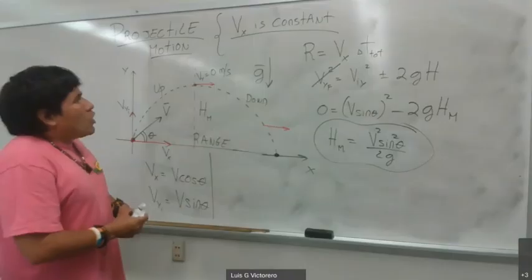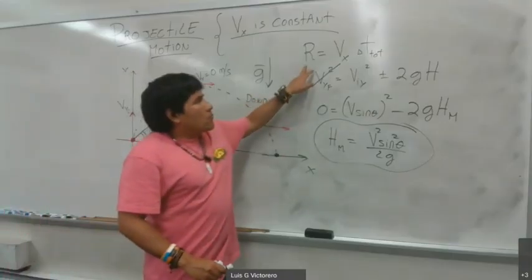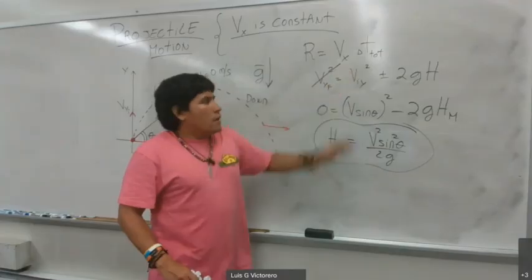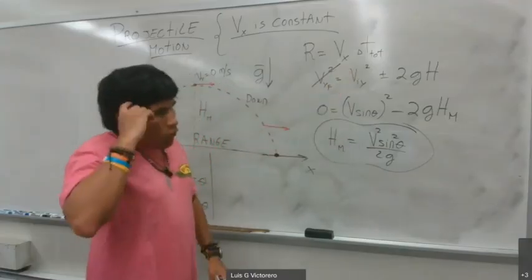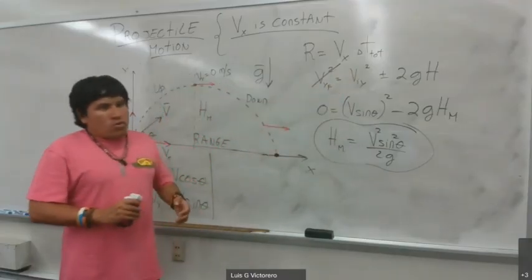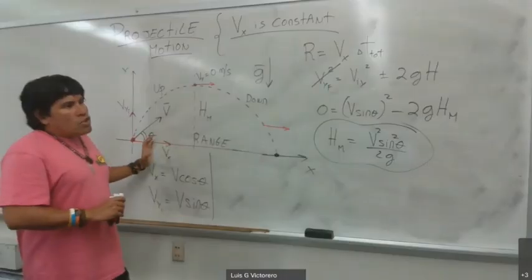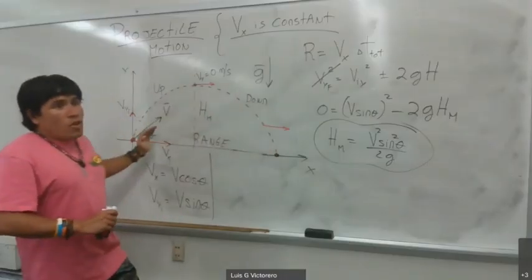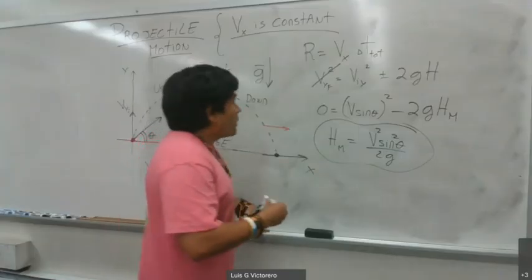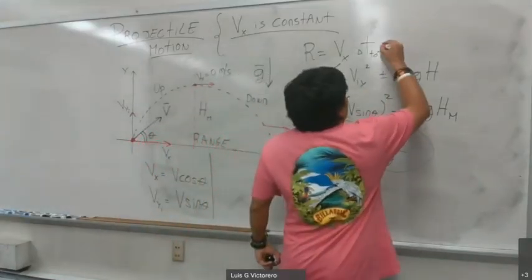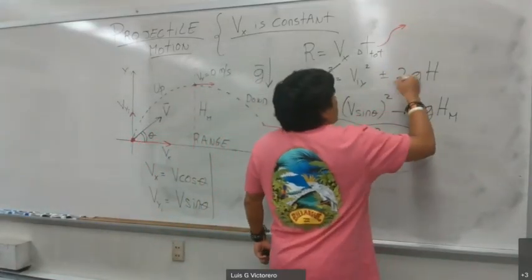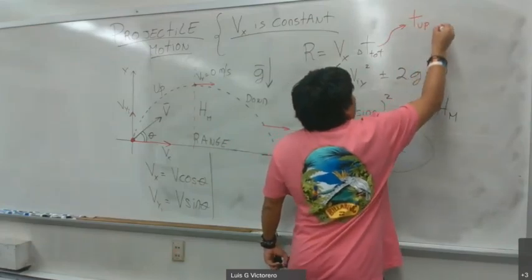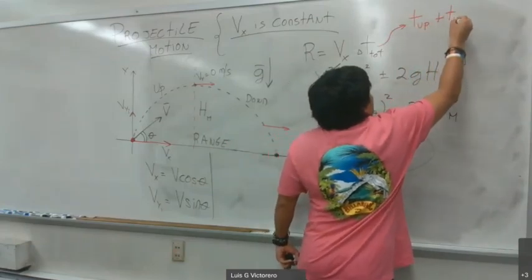But I also want to know the range as a function of my given variables, not time. Now, for a projectile motion where you are launching the mass from the ground, because of the symmetry of parabolas, the total time is equal to the time going up plus time going down.